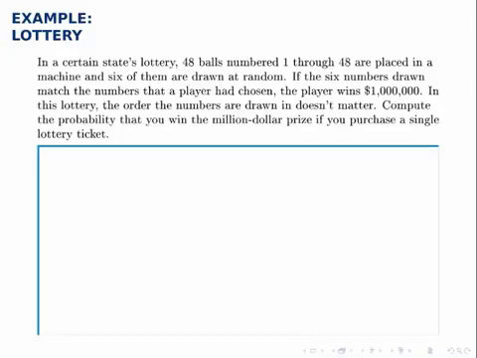The fact that the order doesn't matter is significant. That means that this is a combination problem. What we're looking for is the number of ways that you could draw 6 different numbers from 1 through 48. So, the number of ways that we can select 6 out of 48 numbers using combinations.